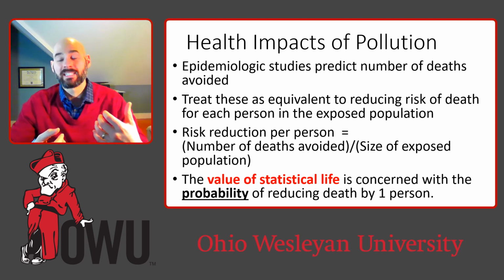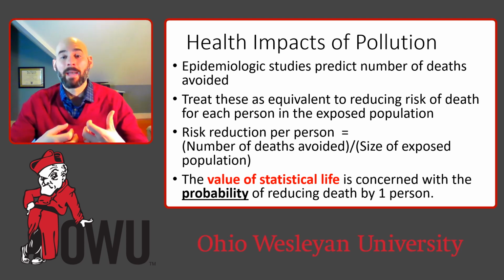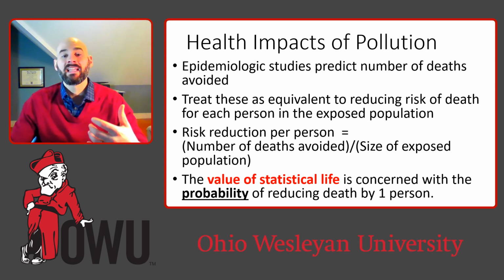So typically this is going to be an interdisciplinary venture where epidemiologists will be involved with the dose response, and they'll calculate the number of deaths avoided due to reduction in air pollution. And then we can treat these as equivalent to reducing the risk of death for each person in the exposed population, and then calculate the risk reduction per person.